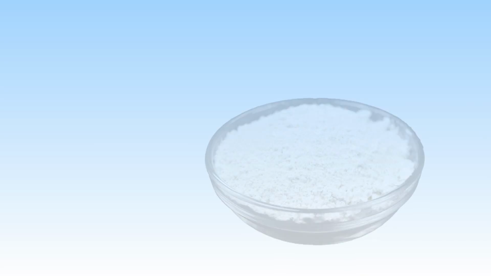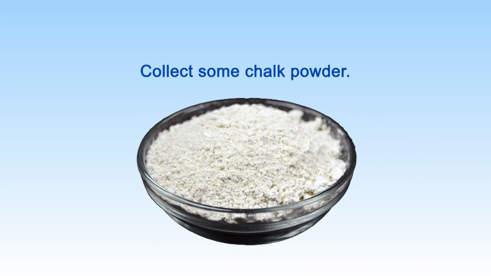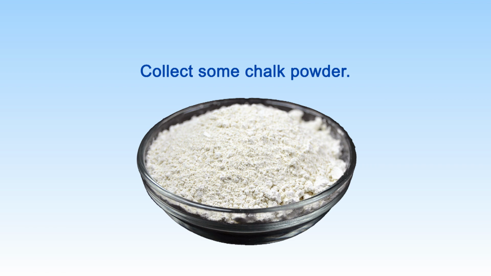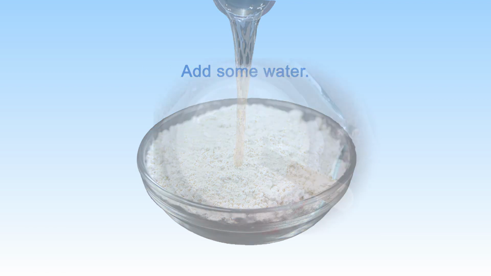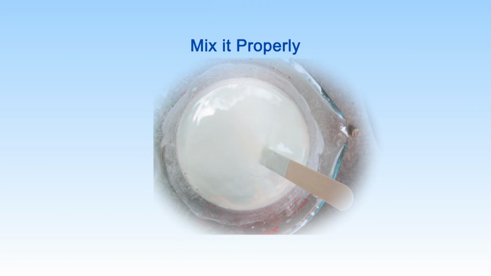Let us perform another very simple activity. Collect some chalk powder, or bring a chalk and crush it into pieces and collect such powders. Take it in a beaker, add some water to it, and mix it properly to make a paste.